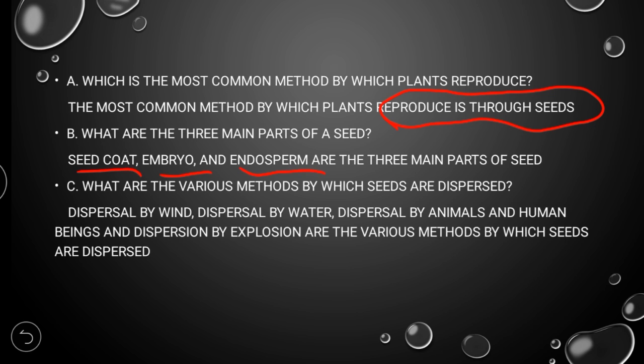Dispersal by wind, dispersal by water, dispersal by animals and human beings, and dispersal by explosion are the various methods by which seeds are dispersed. Do you understand? We move on to the next questions.